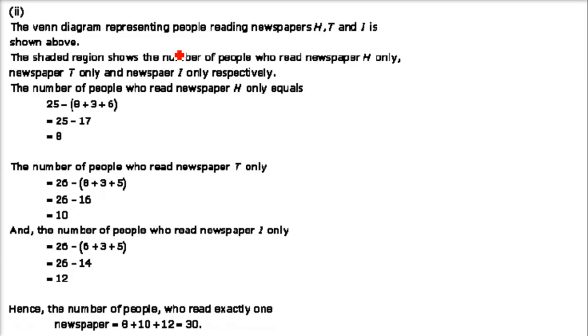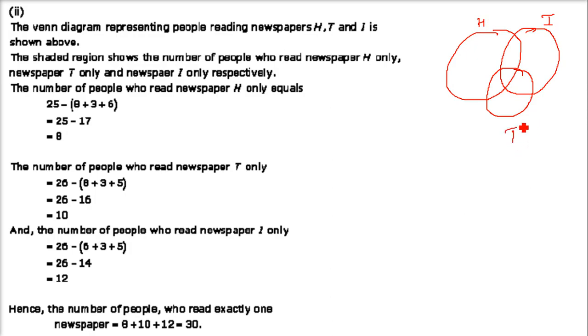The second part is the number of people who read exactly one paper. So how do we do it? This is H, I and T. If I make a Venn diagram of it, the shaded portion will be the number of people who read newspaper H only, only I, and only T, right?